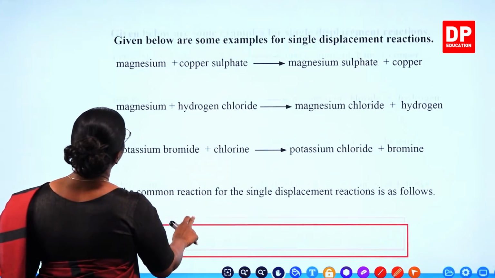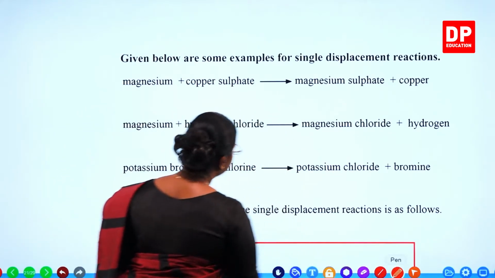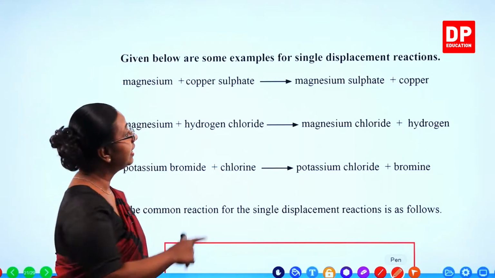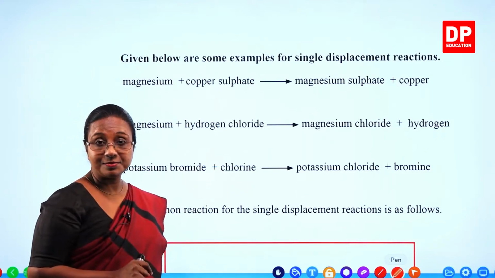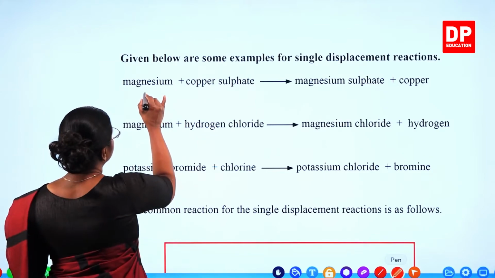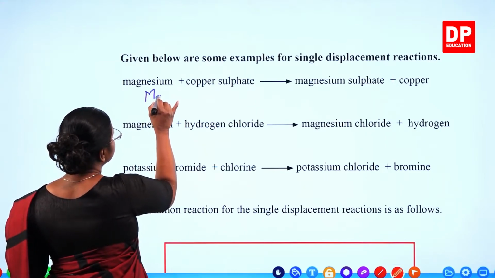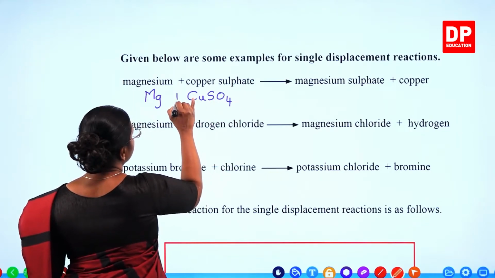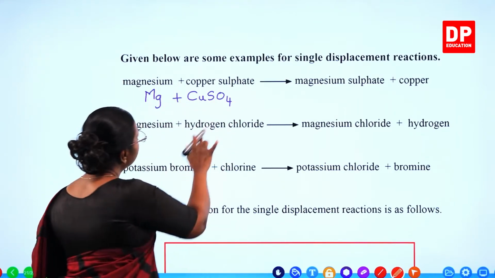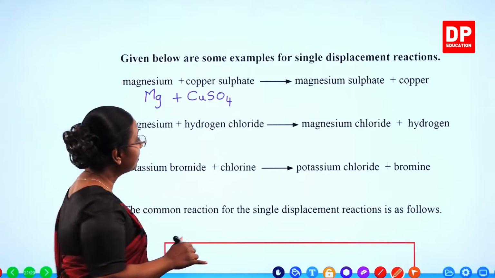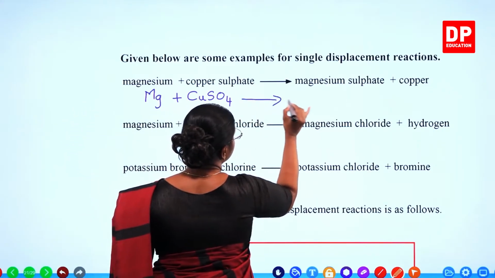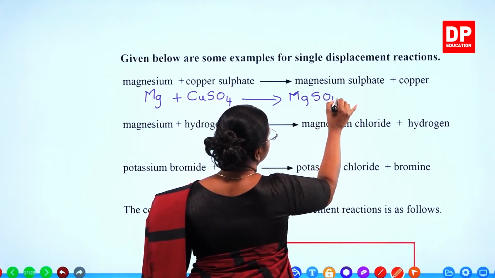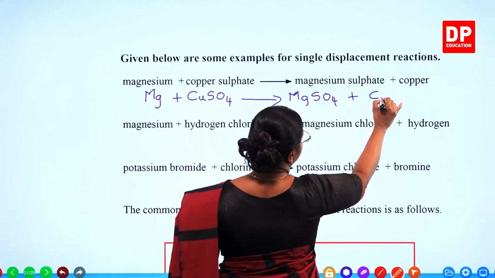So here if we look at the single displacement reactions, first one, magnesium and copper sulfate giving rise to magnesium sulfate and copper. So magnesium is Mg, copper sulfate is CuSO4. Those are the reactants. Reactants are separated by the plus, giving rise to magnesium sulfate and copper.